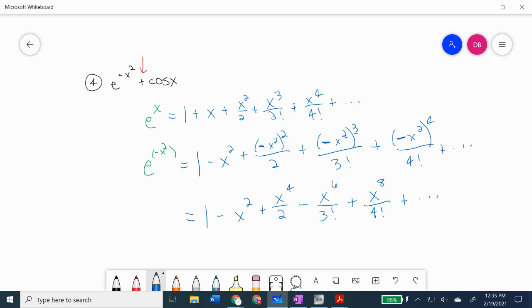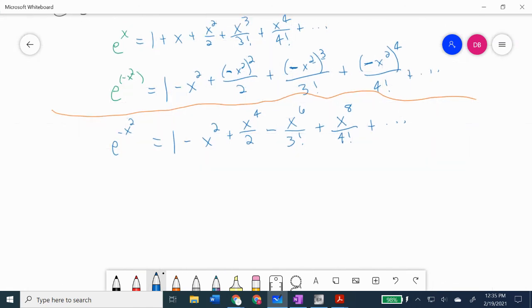And I want to add cosine x to that. I am going to draw a line above this so that we don't mix things together. I now have that this is e to the negative x squared, and I want to add cosine x to it. So I'm going to write out the first several terms of cosine.